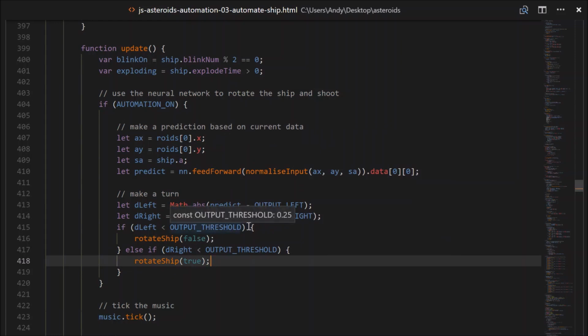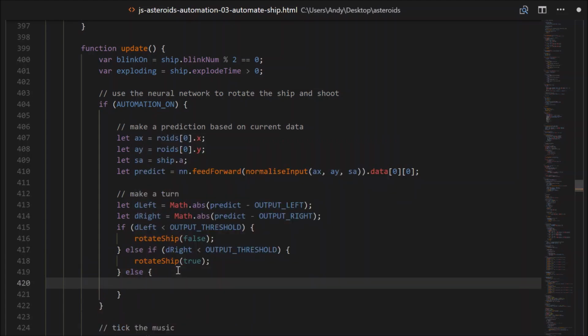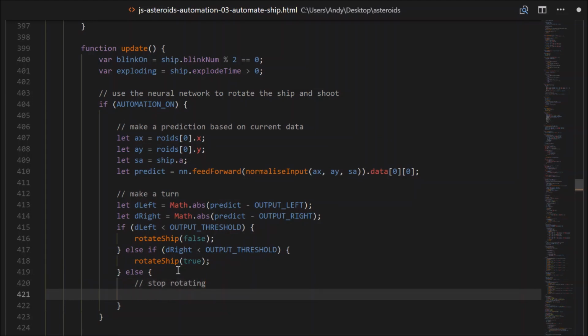Now, if it's neither, so for example 0.5 minus the output left and 0.5 minus output right, it's not going to be less than the threshold in either of these situations. So how about we just put an else here saying to stop rotating. If it's not confident, it'll stay still. So ship.rotate equals 0. That's equivalent to us releasing the arrow keys.